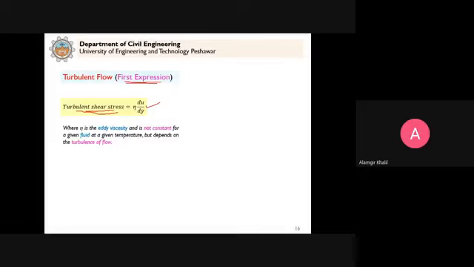Du by dy is the same velocity gradient, but in laminar flow we use dynamic viscosity here, whereas in turbulence we use this eta, known as eddy viscosity. And this eddy viscosity is not constant. It depends on the turbulence of the flow, and can change from point to point along the flow.